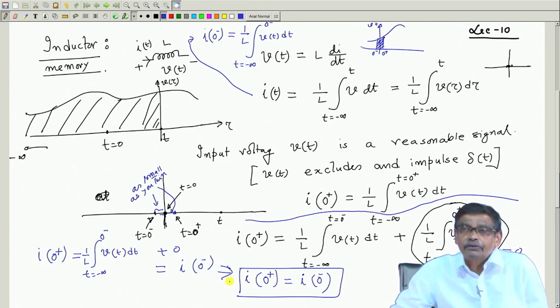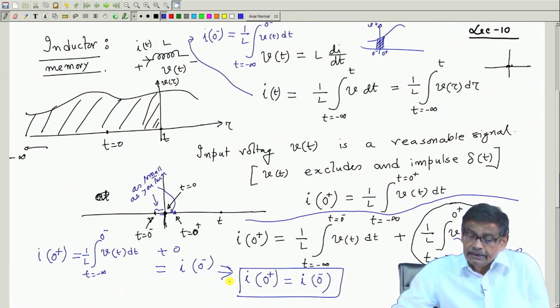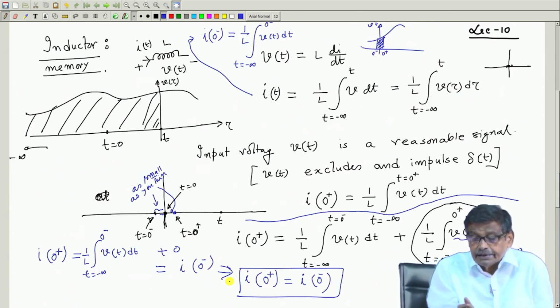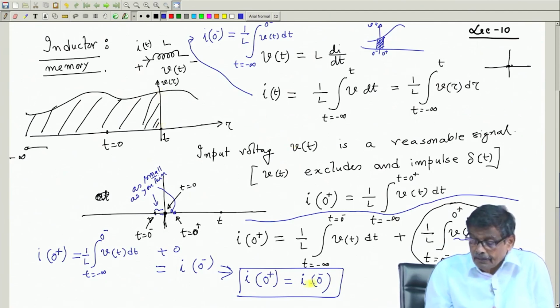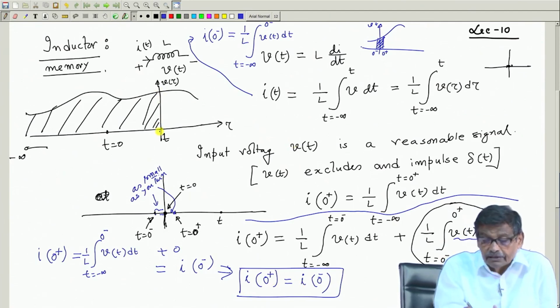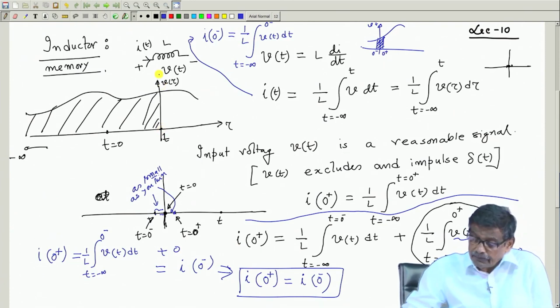Therefore, from this we conclude that for an inductor excited by signals which are not impulse signals, the current existing just prior to switching in the circuit, that is I 0 minus, and then at t equal to 0 plus, these two currents must be the same.